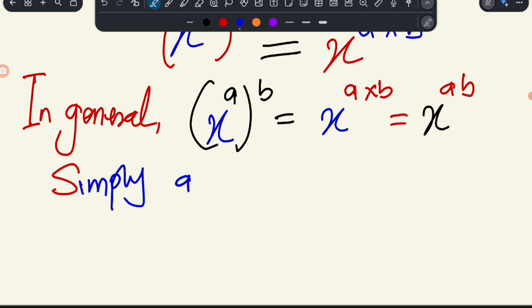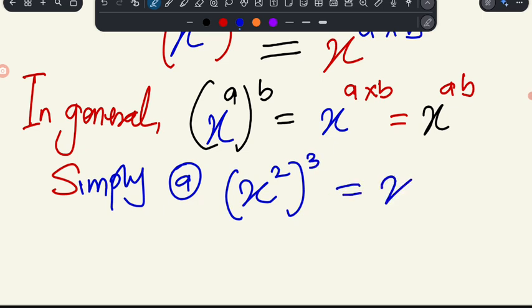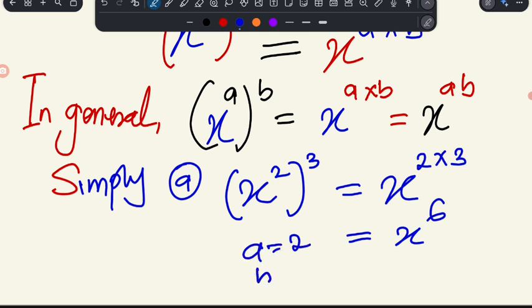If we were to simplify x raised to power 2, raised to power 3, we rewrite it as x raised to power 2 times 3, giving us x raised to power 6. So the a is 2, and the b is 3. We apply the formula to have x raised to power 6.